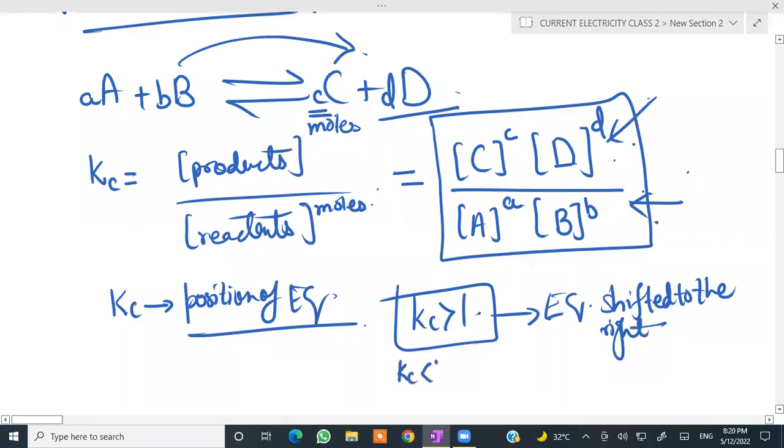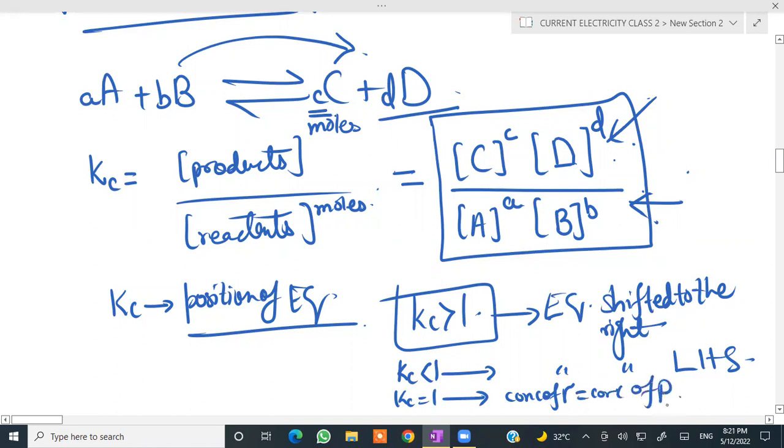If Kc is less than 1, equilibrium is shifted to the left-hand side. And if Kc equals 1, then that means concentration of reactants equals concentration of products. Kc being equal to 1 also means that it's at dynamic equilibrium.